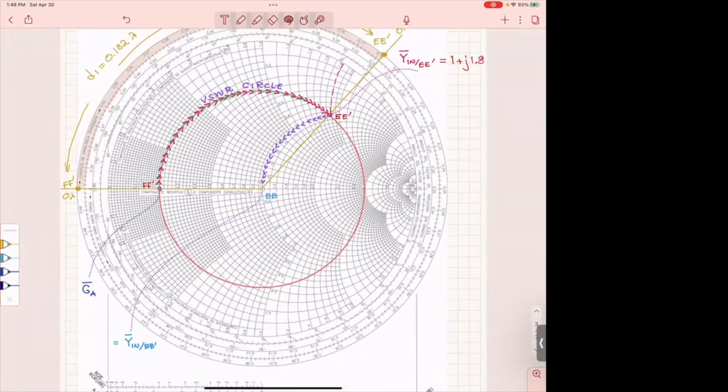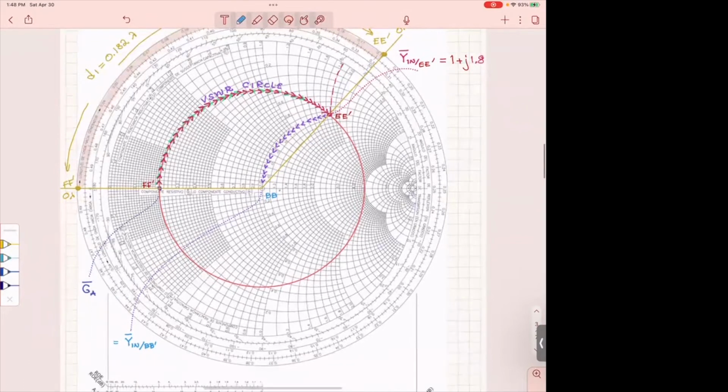And at that point, practically, we are at point B prime, which is in fact where we have achieved a perfect match, because this admittance here, normalized, is equal to 1.